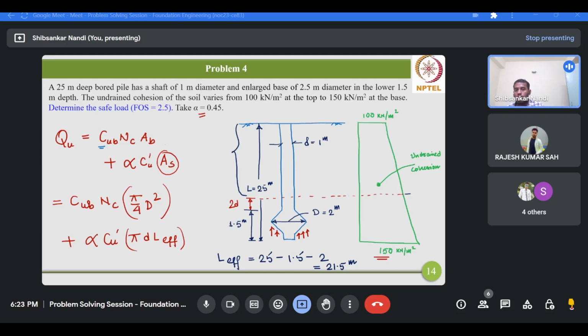From the literature, it's observed that over this length there will be a small gap, so for this portion the soil will not be in touch with the pile. If the soil is not in touch with the pile surface, then the pile will not have any skin friction resistance over this layer. So this 2D value we are taking with reference to the literature.